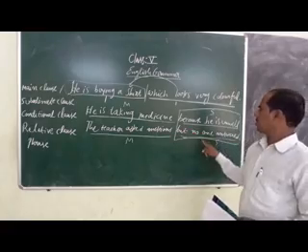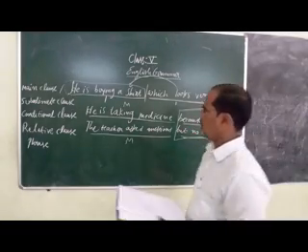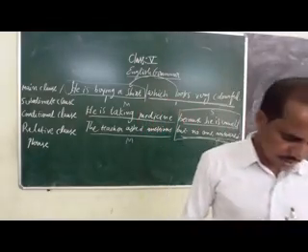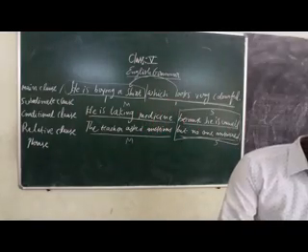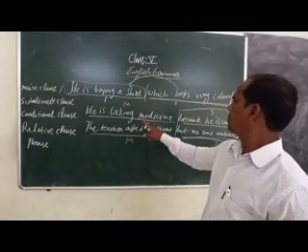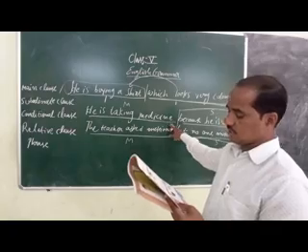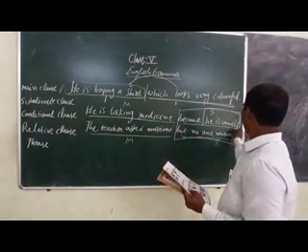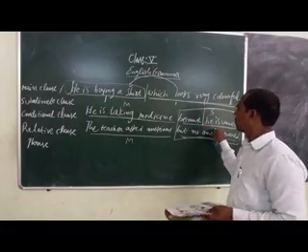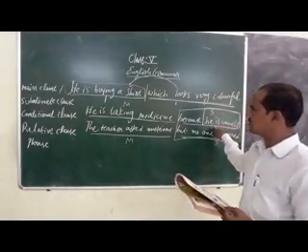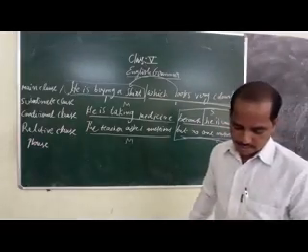That's why it is called a subordinate clause. I'll give an example. He is taking medicine because he is unwell. He is unwell. It doesn't give meaning, it doesn't give sense. That's why it's called a subordinate clause.